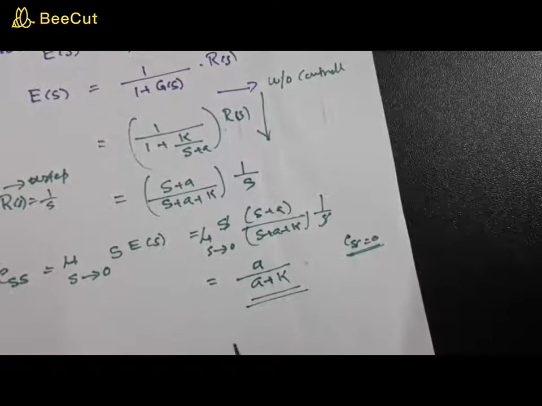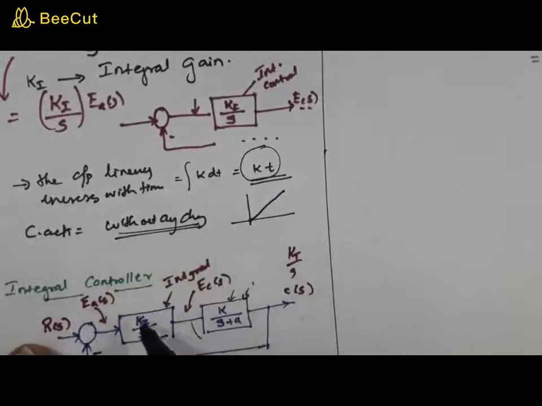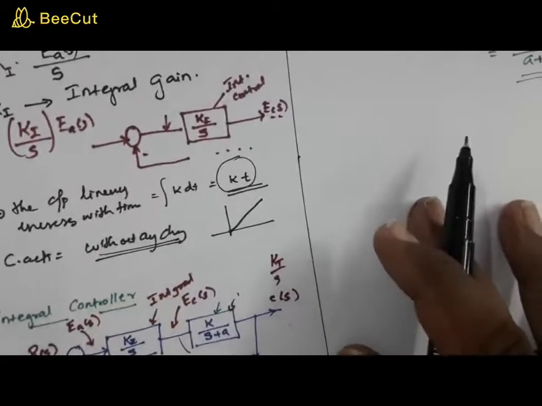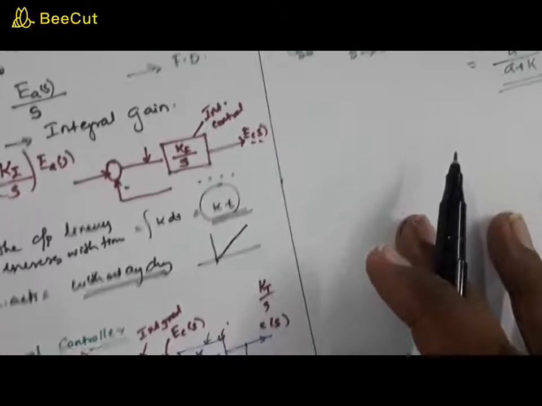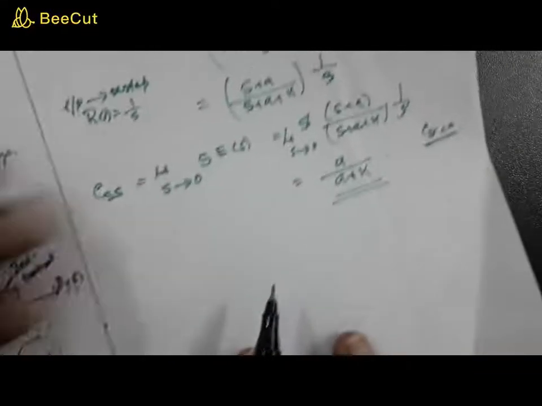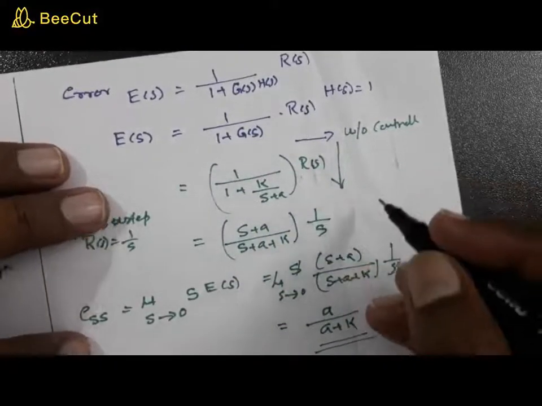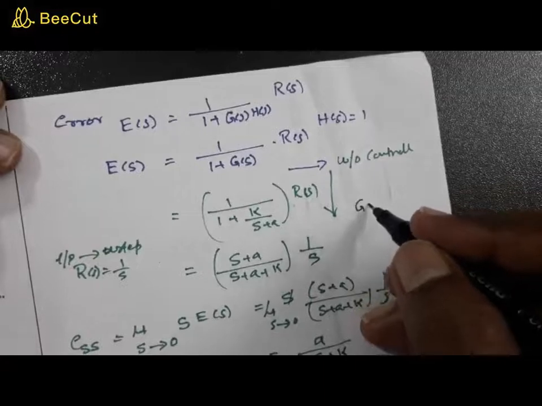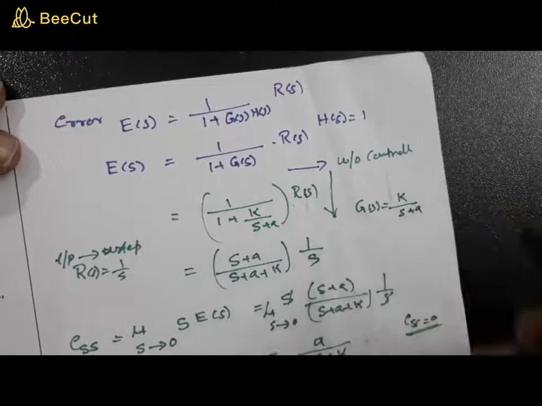So let us see what is going to be the impact when you consider this block. When you add this Ki by S, let us see the impact. Without the controller, your G of S was K by S plus A, right?